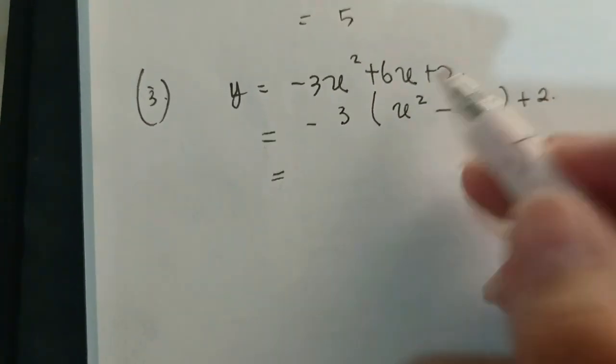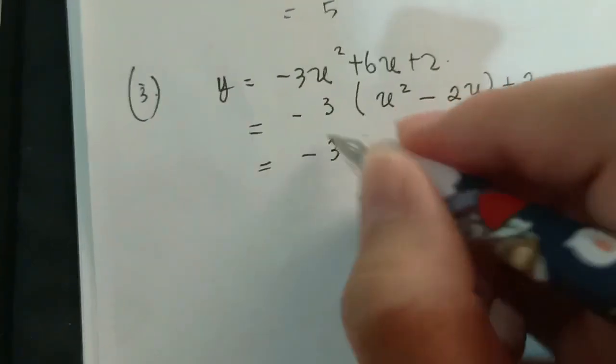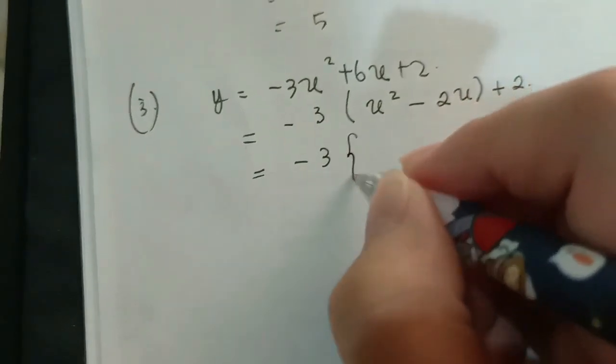Now we are going to remove the quadrat from here, minus 3. We have to remember, because there is a number over here, we have to give another bracket.